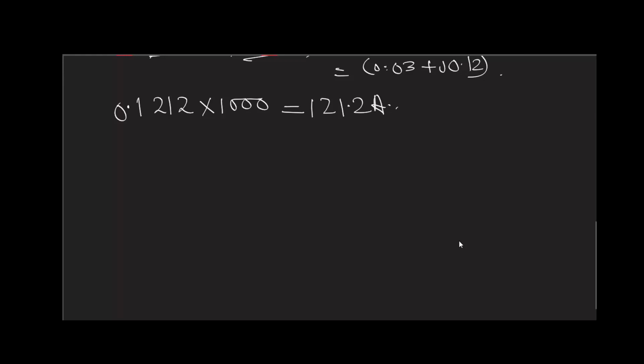I have copied this from the book, but you may check it from your own calculation, whether whatever I have written is correct or not. So let us move to the second problem, right?